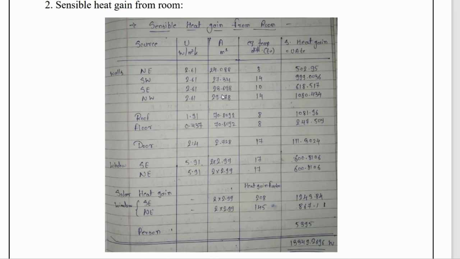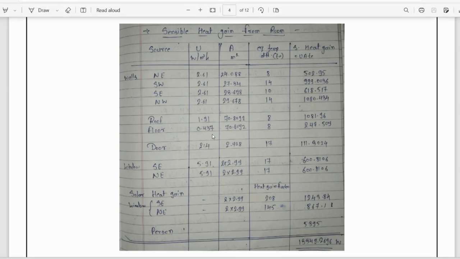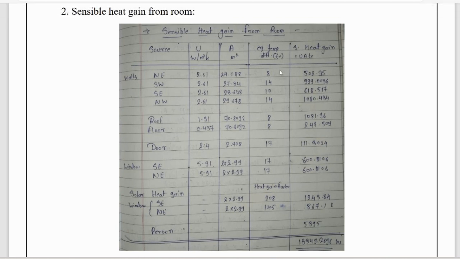we have to draw such a chart, with the sources. Now U is the overall heat transfer coefficient, A is the cross-sectional area, and delta T is the equivalent temperature difference, and S is the sensible heat gain. So U A delta T is the sensible heat gain.